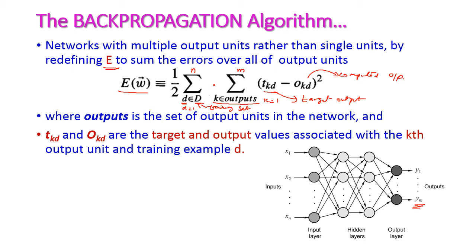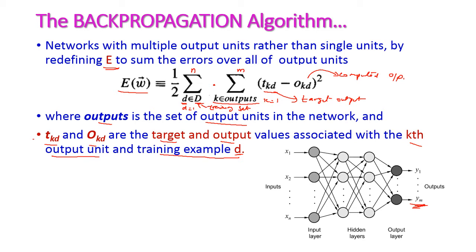Here outputs is the set of output units in the network, and t_kd and o_kd are the target output and the computed output values associated with the kth output unit of the training example d.